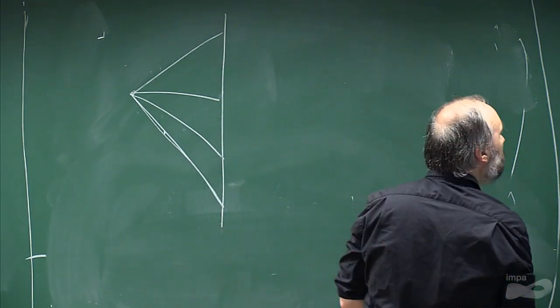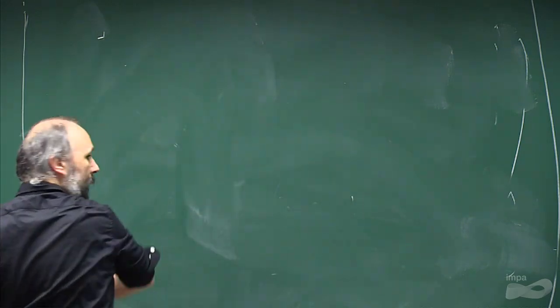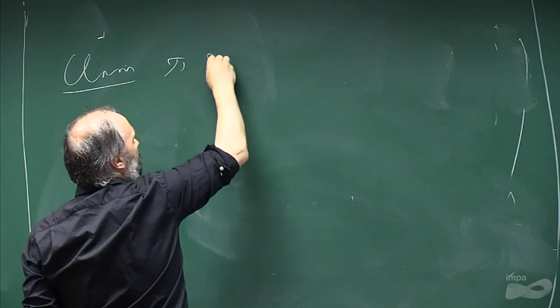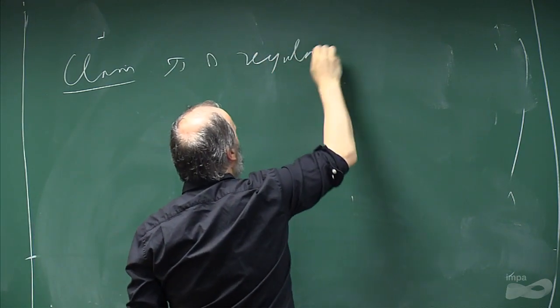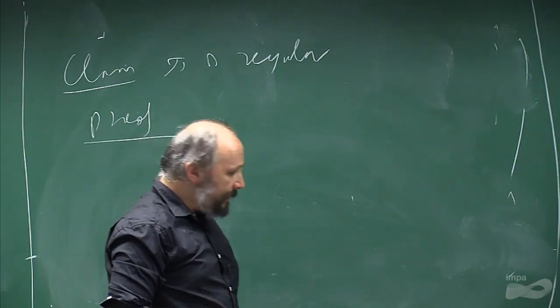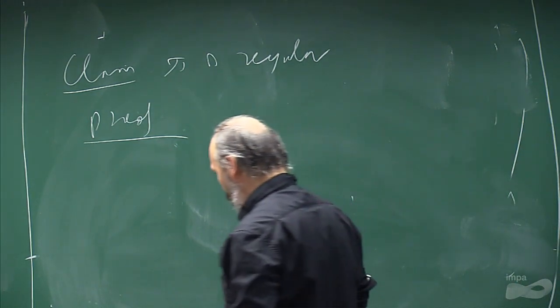So let me prove it. So claim: pi is regular. Proof. There's nothing, in fact, to prove because it's immediately obvious that it is given by polynomials, I mean, all linear algebra is given by polynomials.